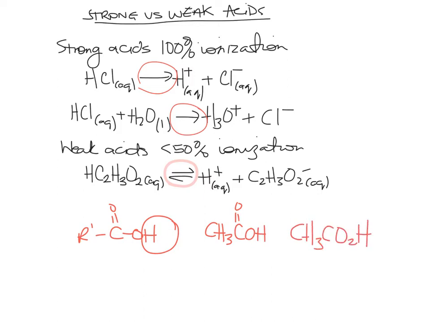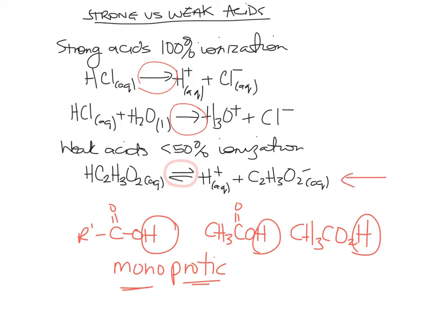But either way, there's only one acidic hydrogen. So these are monoprotic. One acidic hydrogen, one proton forming. So you can write this the informal way like we did here, or react it with water and make the hydronium ion.